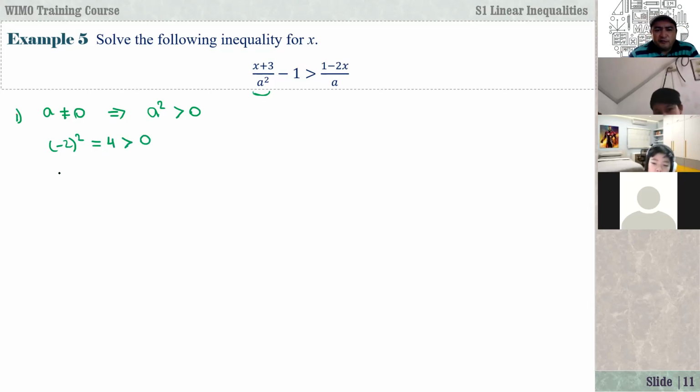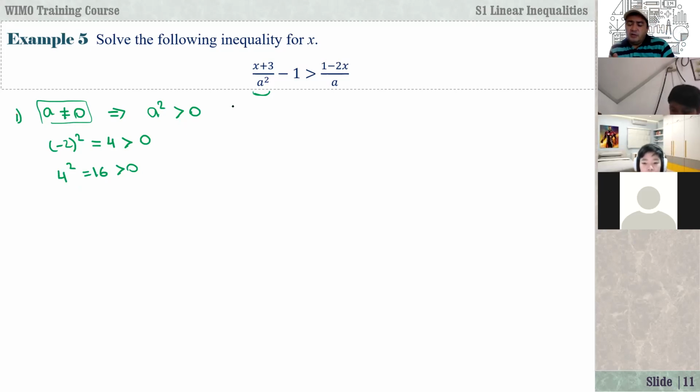Yes. And how about, for example, let's say a is equal to 4. Then 4 squared is equal to 16. Is it greater than 0? Yes. If a is a non-zero number, then its square is always greater than 0. I'm sure about this, never negative. Why? Because if you multiply a number by itself, the result will always be non-negative.